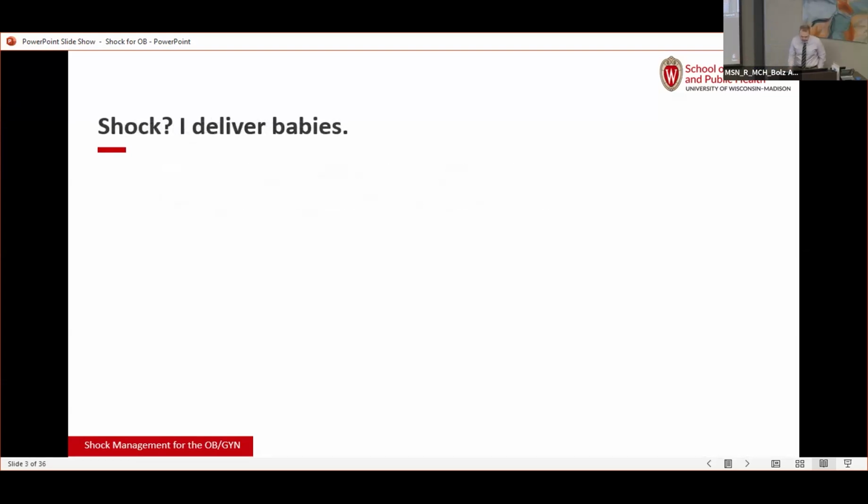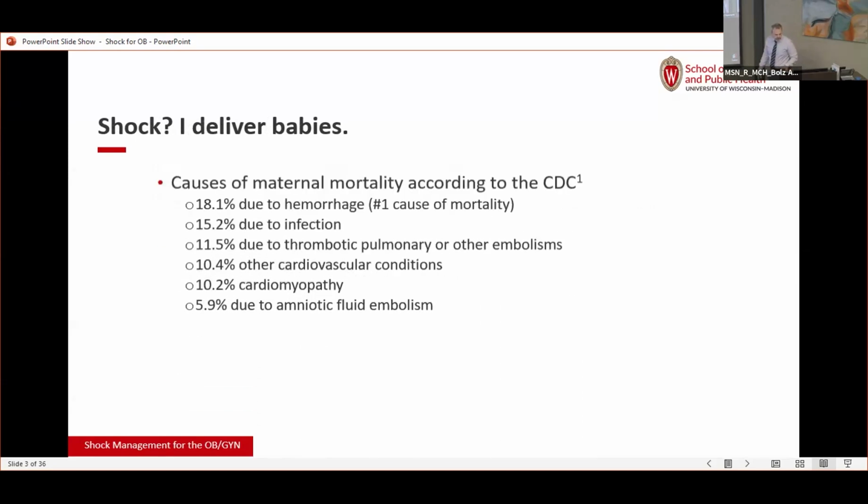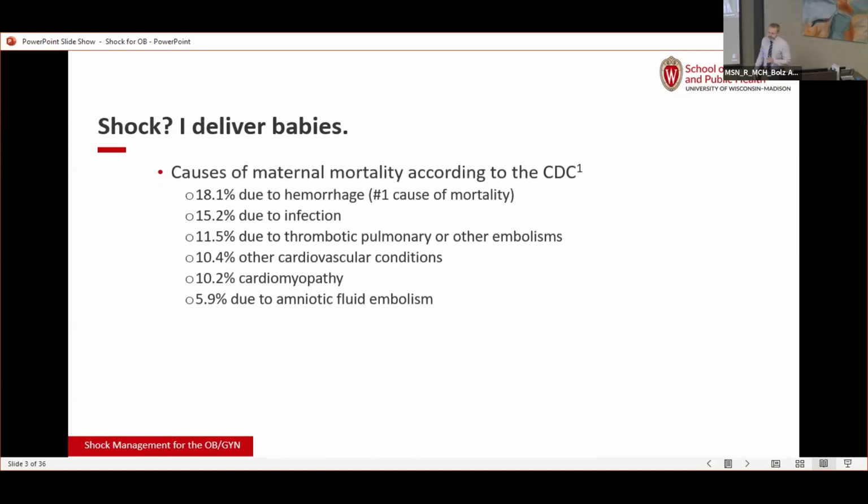Okay. So why is this important? Well, according to the CDC, the leading causes of maternal mortality in the United States are hemorrhage, that's number one, and sepsis or infection is number two. These aren't all of the causes; I cherry-picked the ones that have to do with shock states.